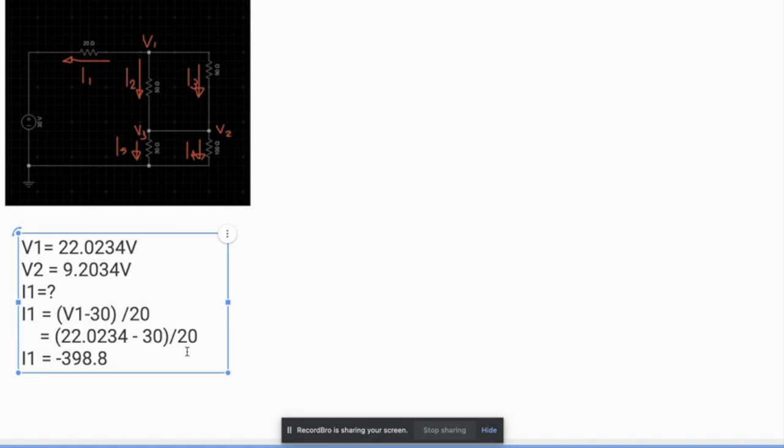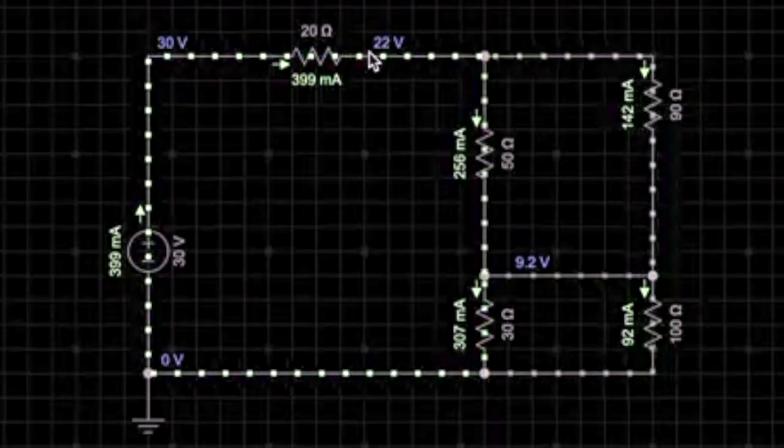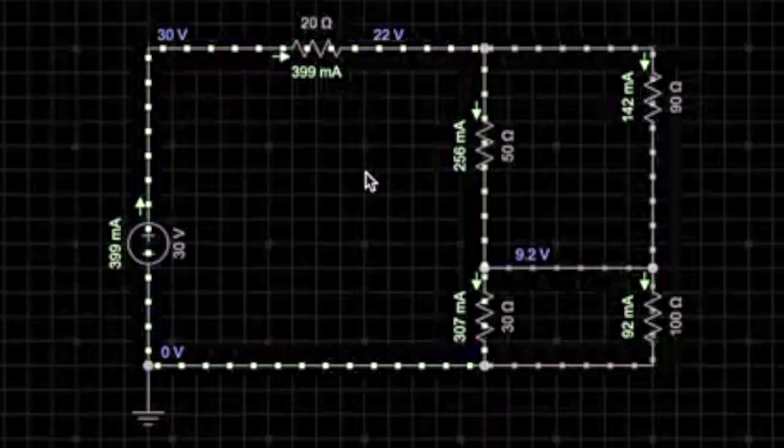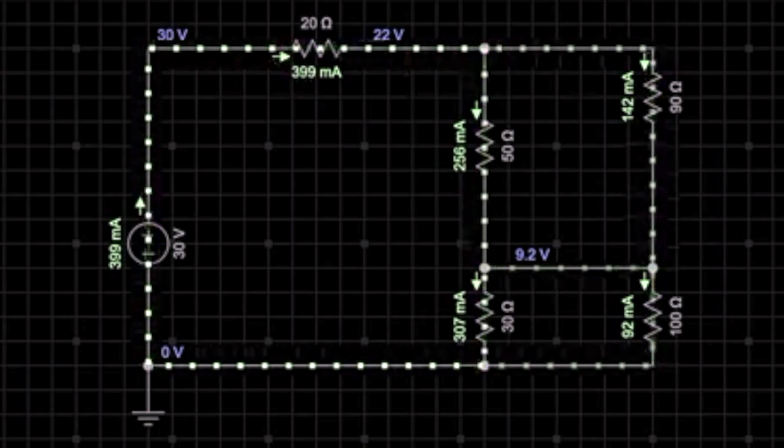398.83, depending, because I truncated it to 4 decimal places, so the other digits were lost. So that will be negative 398.83 milliamperes, indicating the negative sign. So the flow of the current should be going to the left, which is correct when we look at this 399 milliamps going to the right.